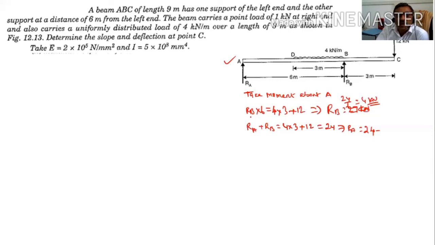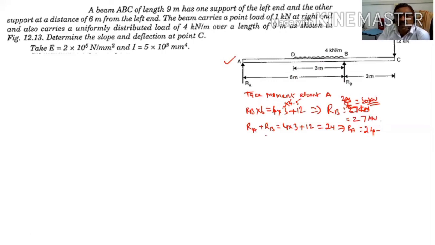Then the equation is RB into 6 equals the load 4 into 3 multiplied by the distance. This is 1.5 and this is 3, so this is 4.5, plus 12. From this, RB is equal to 27 kilonewton.